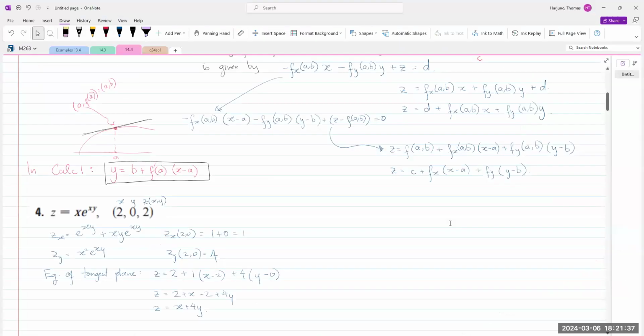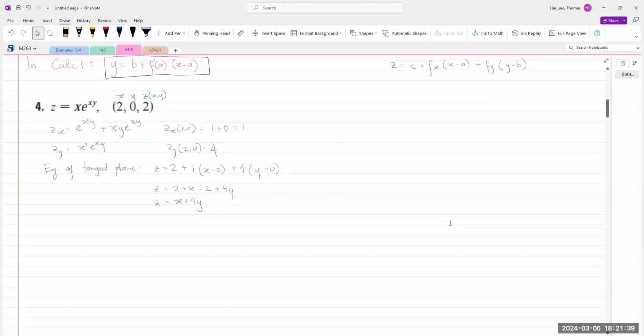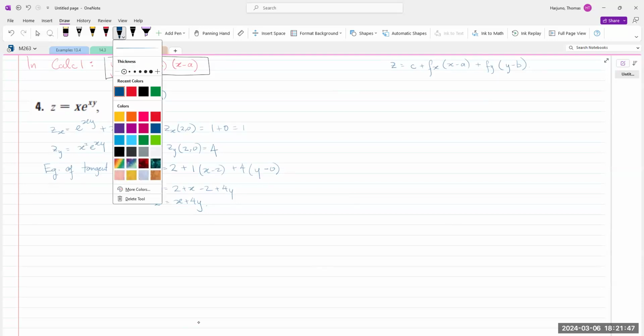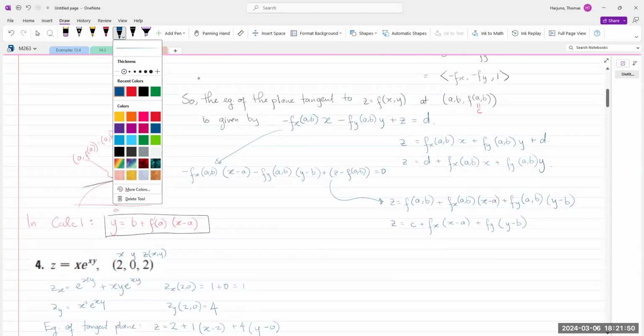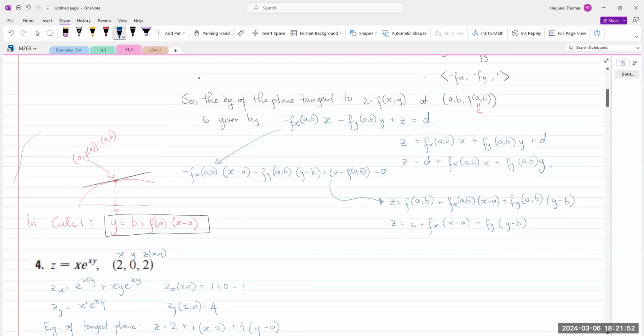Okay, now next part. The next part, linear approximation, is basically the continuation from that tangent plane. If you remember what we learned in calculus 1, right after we learn the tangent line, the next topic after that is linear approximation.